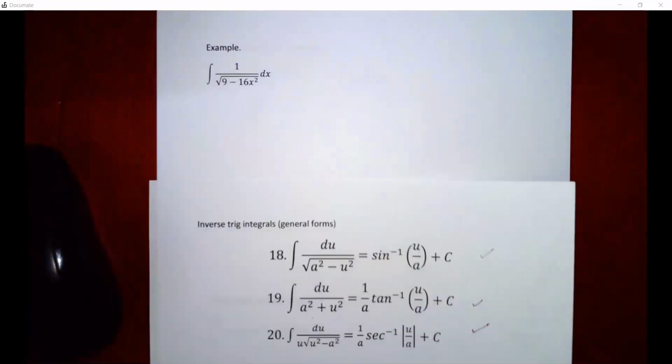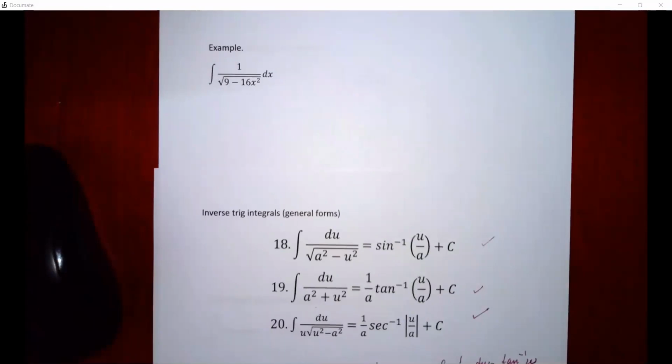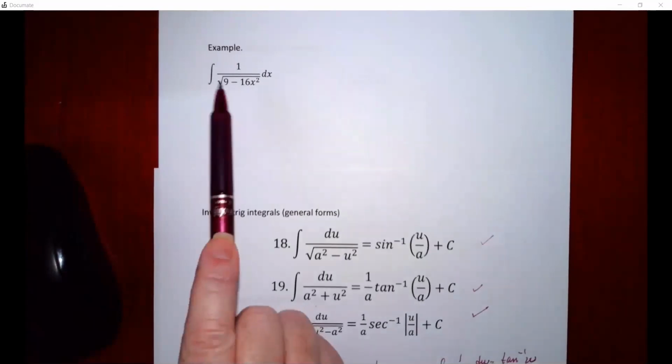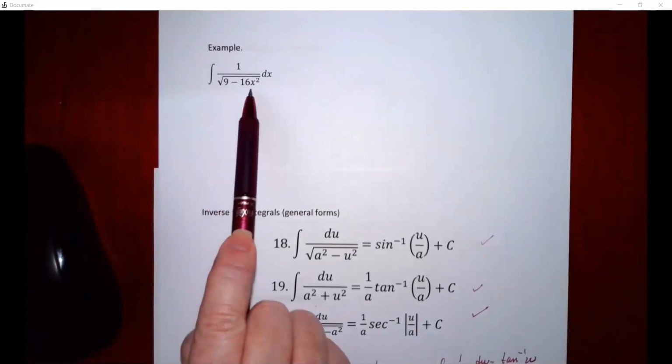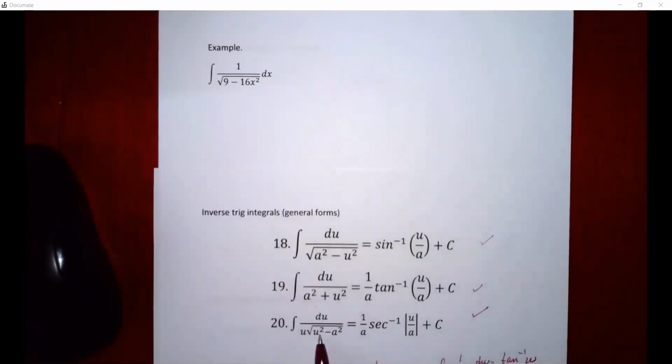Now I'm going to put the 3 basic forms right down there. Which one of those 3, 18, 19, or 20, does this most closely resemble? Do you think it's an arc sine, an arc tangent, or an arc secant? Sine. And remember, to figure that out, key on the fact that it's a constant minus a variable. If it had been a variable minus a constant there, we would be talking about an arc secant.